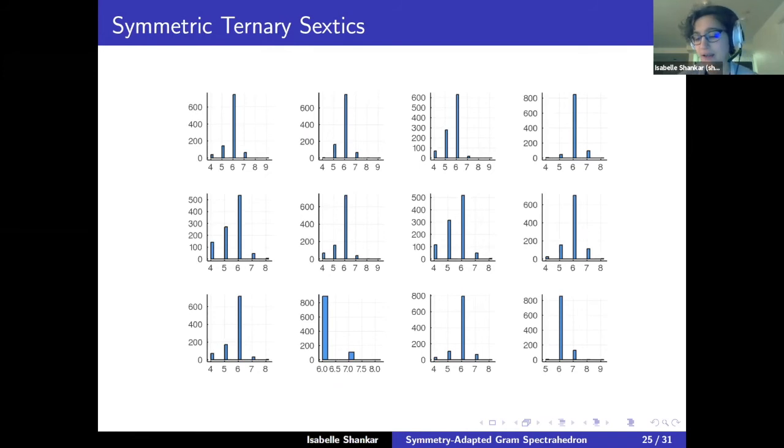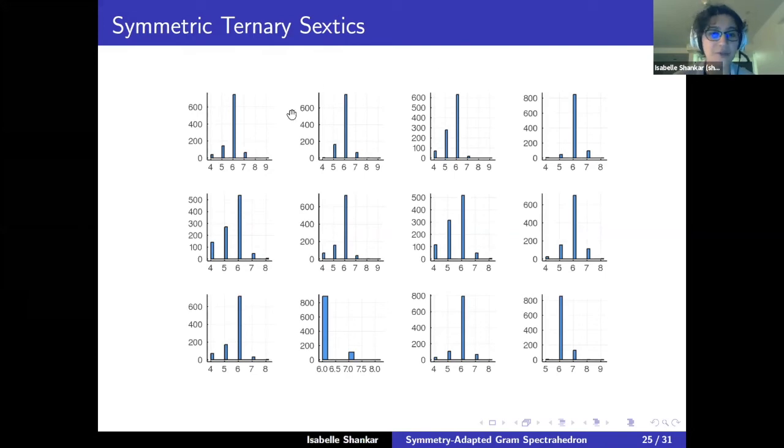We tried to find random symmetric ternary sextics, and of those, we calculated like 100, and 12 happened to be sums of squares. Each one of these graphs represents one of those 12 symmetric ternary sextics which are SOS. And then we ran 1,000 random cost functions on them to see what the ranks would be for random cost functions.